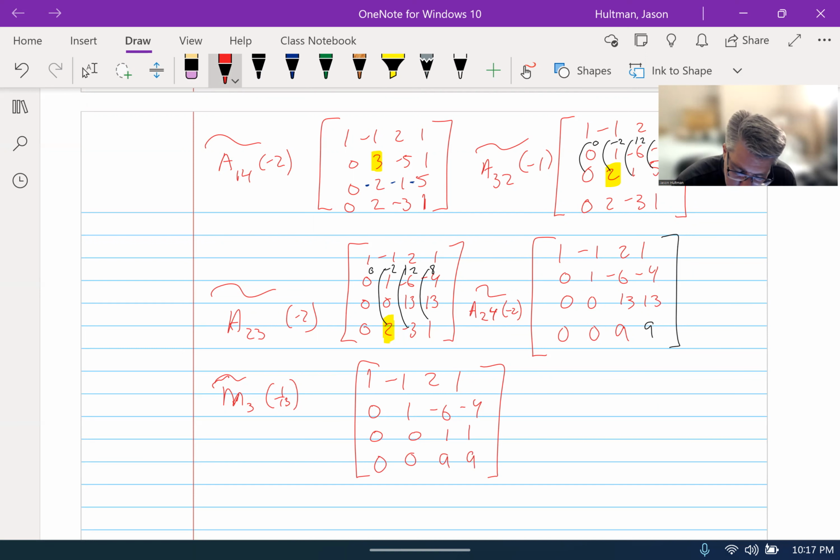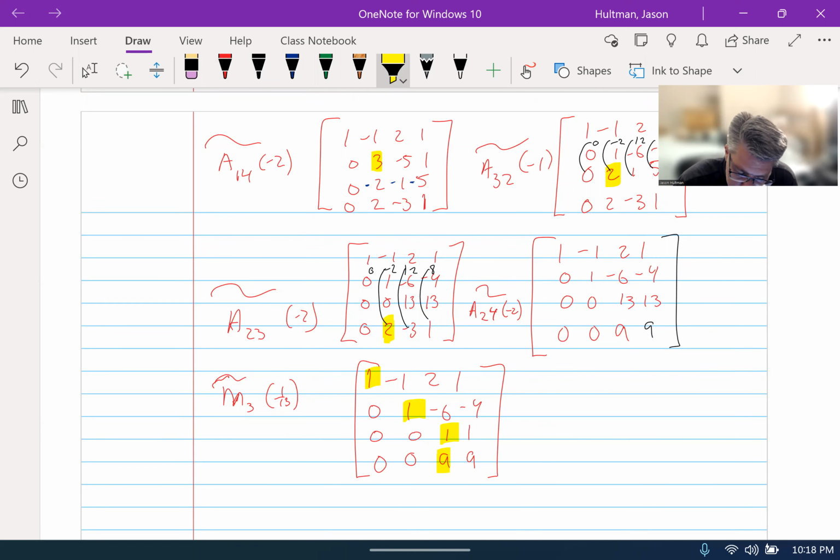Okay, I'd like to get this element, now that we have a 1 here, a 1 here, a 1 here, I'd like to get this element to be a 0. So how can we get that guy to be a 0?